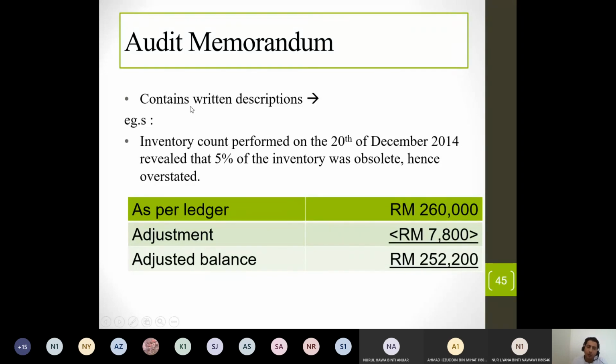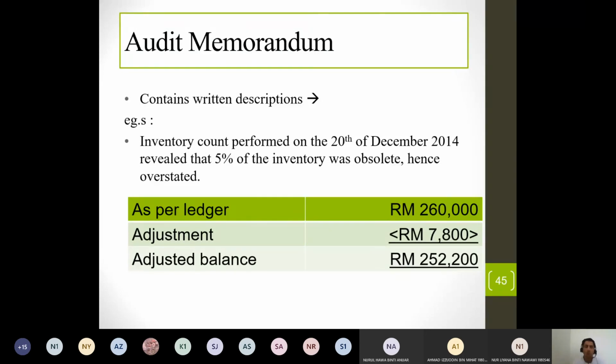So this is the memorandum. We explain what we found. Inventory count performed on the 20th of December 2014 revealed that 5% of the inventory was obsolete, hence the inventory was overstated.